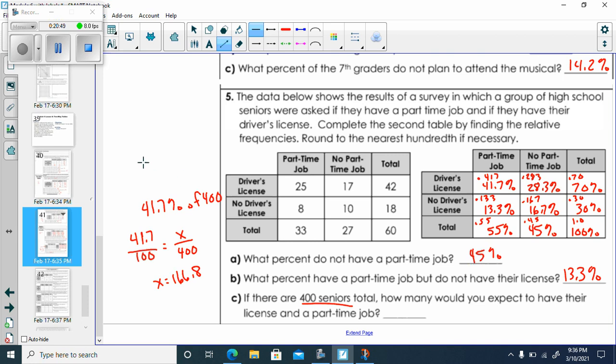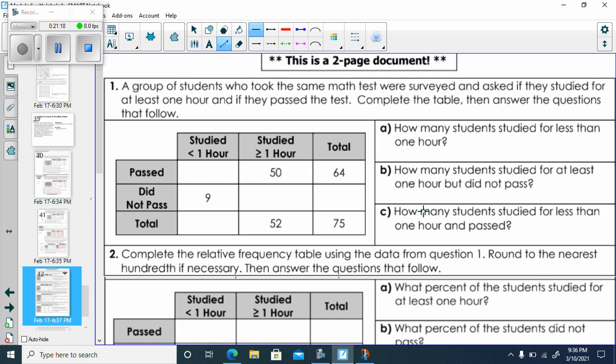All right, guys, if you're familiar with this, you could just simply multiply 0.417 times 400, if that makes it easier for you. It's 166.8. So about 167 would be in that situation, because you're not going to have 8/10 of a person, right? Okay.